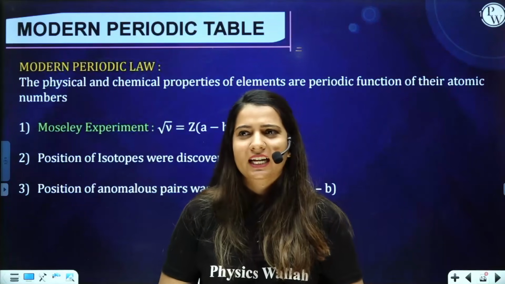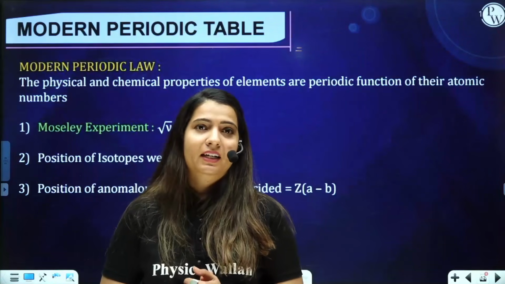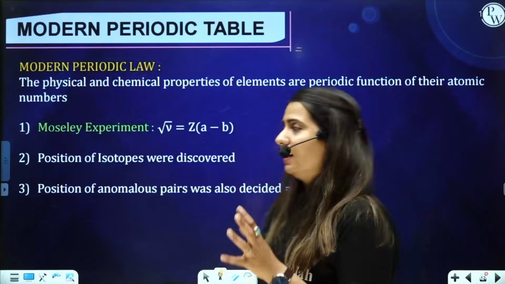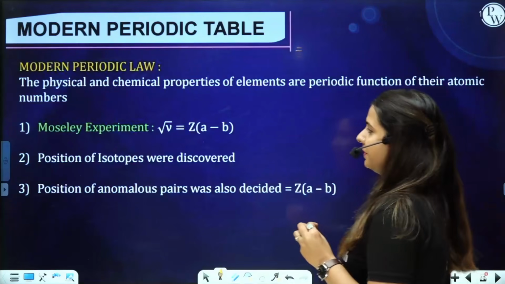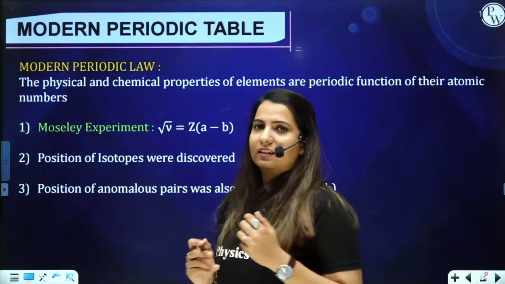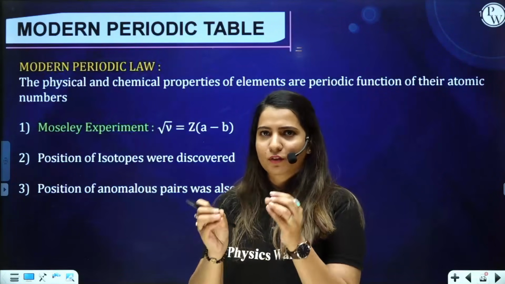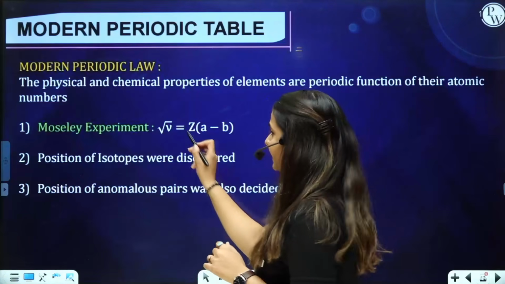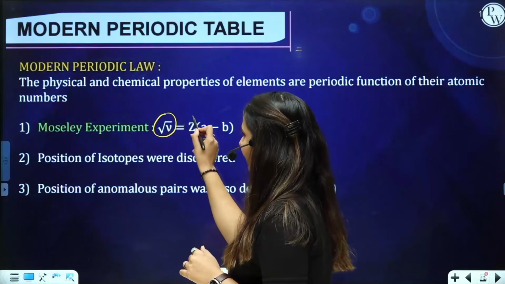So he did an experiment. He made a graph. I'm just telling you the key points of the graph. This is the graph of root of frequency against atomic number.